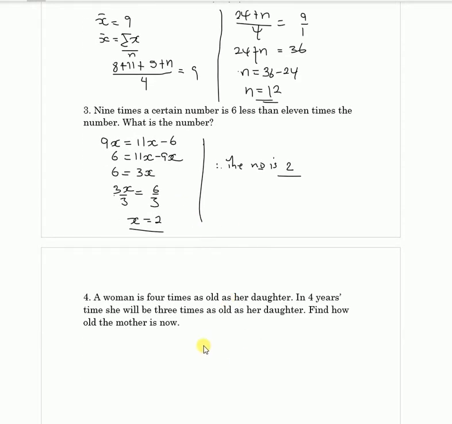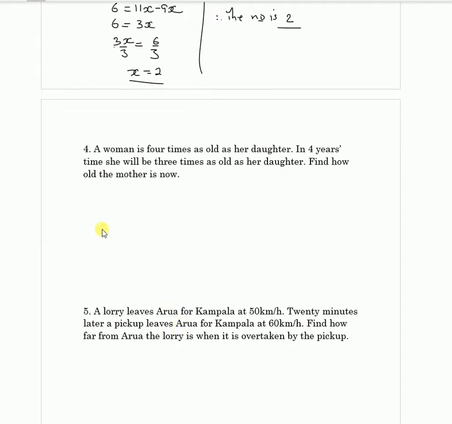Then number 4: a woman is 4 times as old as her daughter. We shall say that let D equal the daughter's age and let W signify the woman's age.